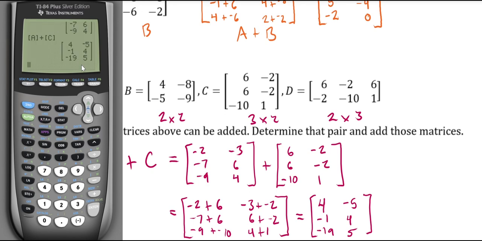This will be more useful when we look at other matrix operations that take a bit longer than finding a sum, but it's good to know right off the bat how to enter a matrix into the calculator and how to do basic operations with them.